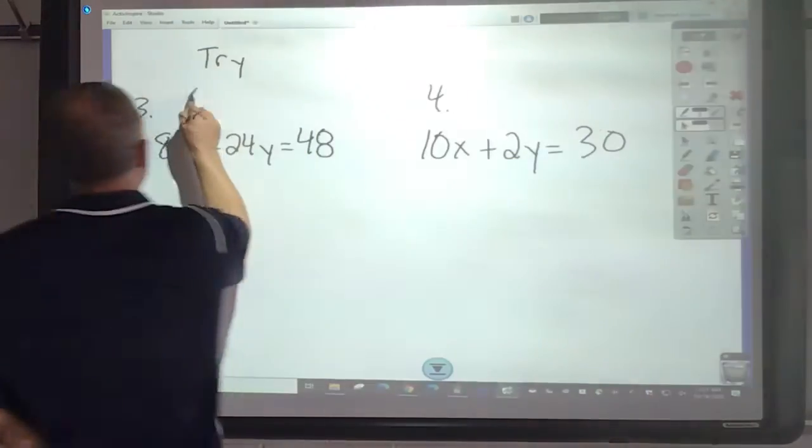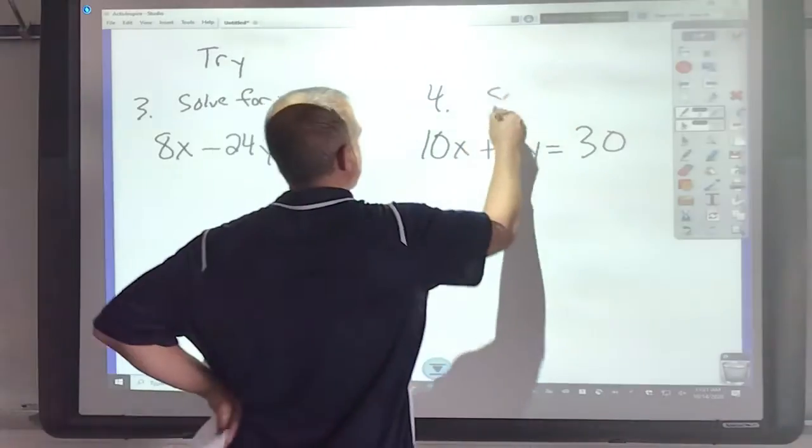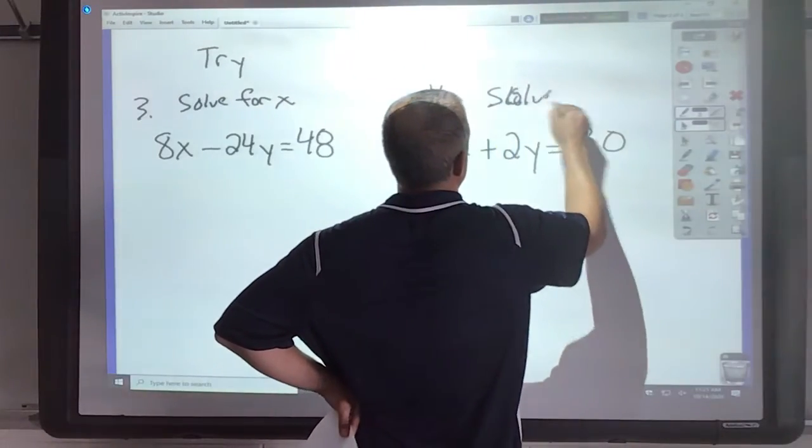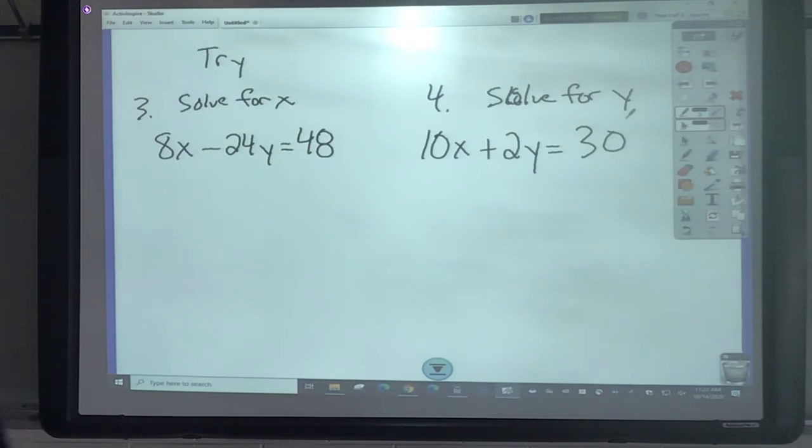This one I would like you to solve for x, and this one I would like you to solve for y. So go ahead and pause your video and do these two problems.